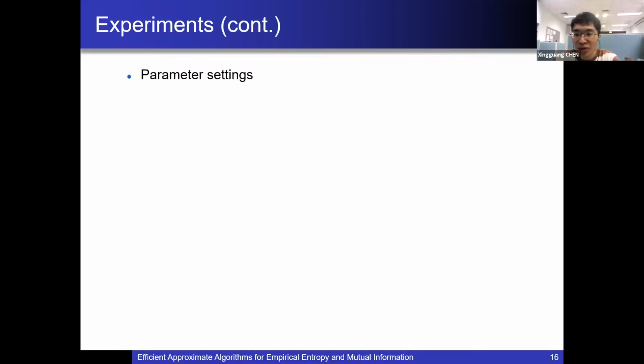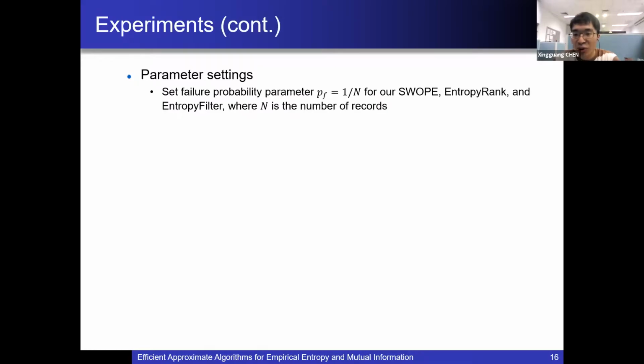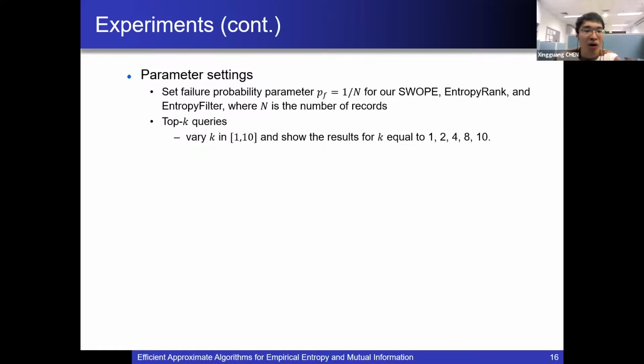For parameter settings, all our algorithms include a failure probability parameter, pF, where we set pF to 1 over n for our SWAP, entropy rank, and entropy filter, where n is the number of records. For top K query, we vary K from 1 to 10 and show the results for K equal to 1, 2, 4, 8, 10.